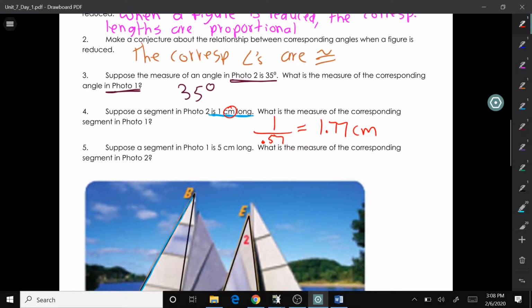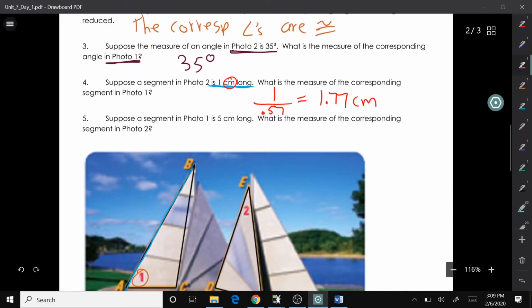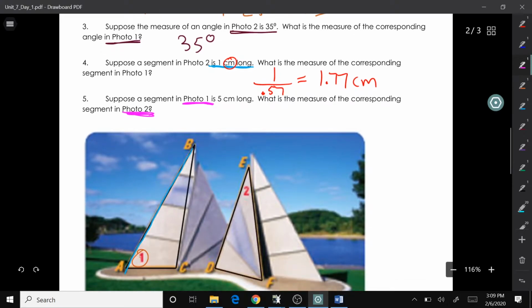And number 5, suppose a segment in photo 1 is 5 centimeters long. What is the corresponding segment in photo 2? Okay, so we're going from photo 1 to photo 2. Remember, photo 2 is the shrunken photo. So what we will do is take that 5 and multiply it by that 0.57 ratio.